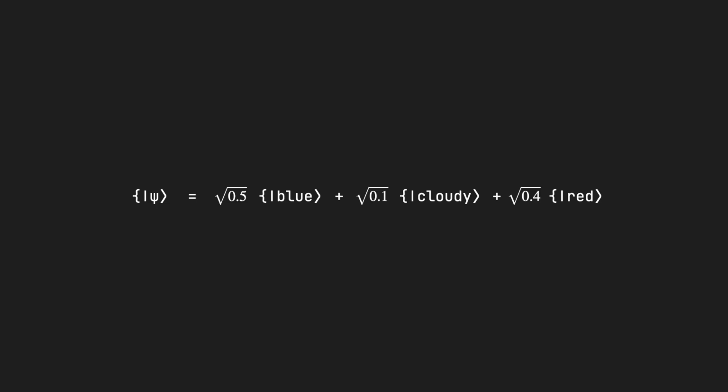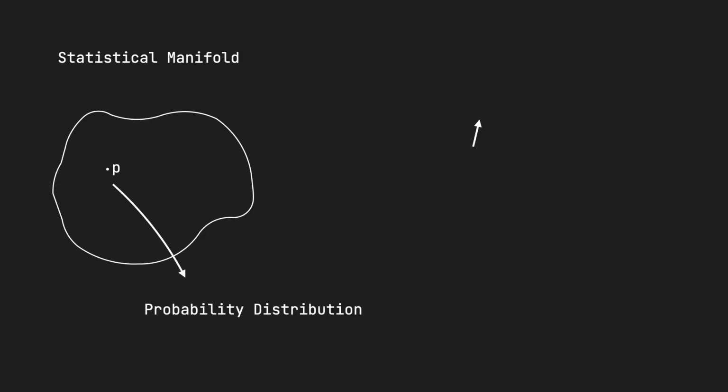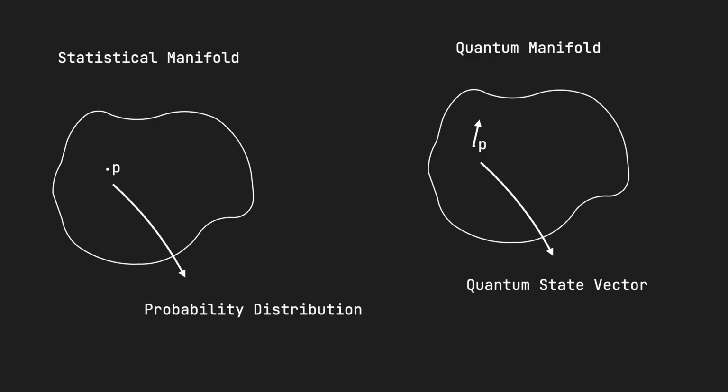Now we're going to talk about quantum manifolds. We are bridging from statistical manifolds to quantum manifolds. Imagine you had a probability distribution. Before, we looked at a statistical manifold where the point P represents a probability distribution, but in a quantum manifold, the point P is a quantum state vector.